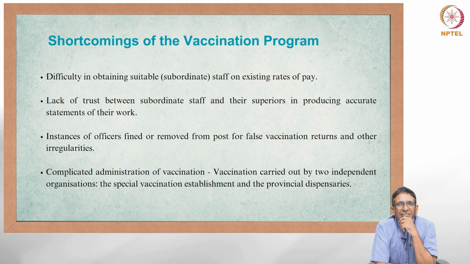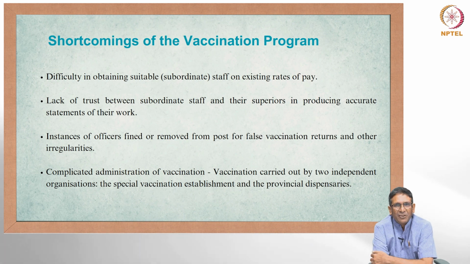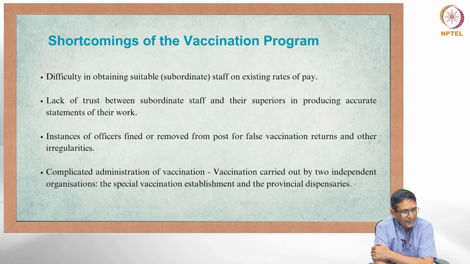And of course, as in everything else in life, and particularly in medical programs like this, and as we also saw in our own recent COVID vaccination program, there were some shortcomings and challenges. One was obtaining the staff, because they were very crucial, and it was very difficult to obtain a sufficient number of subordinate level staff on the existing rates of pay.